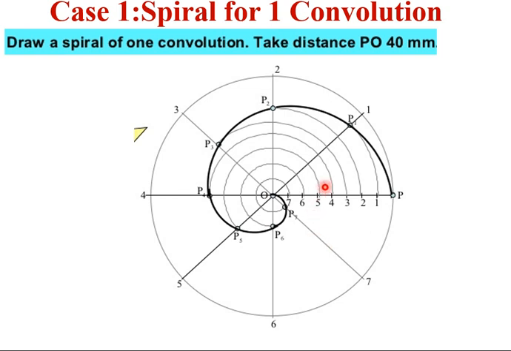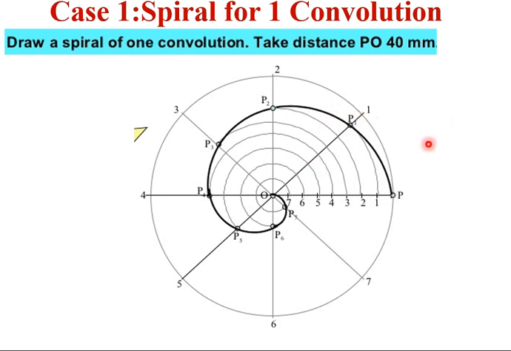Now here you can have two options. This point P while moving towards O, it may move in anti-clockwise manner or it may move in clockwise manner. It solely depends on you. But if it is given in the problem that the point P is moving towards O along line OP, and at the same time it is moving in anti-clockwise direction, and the line is moving in anti-clockwise direction, then you need to go in anti-clockwise only.